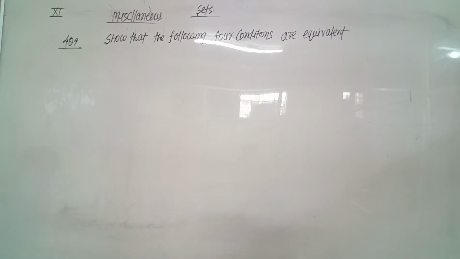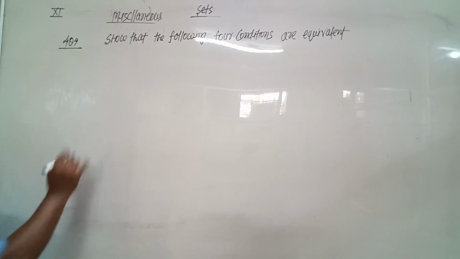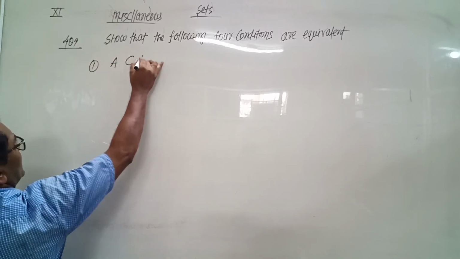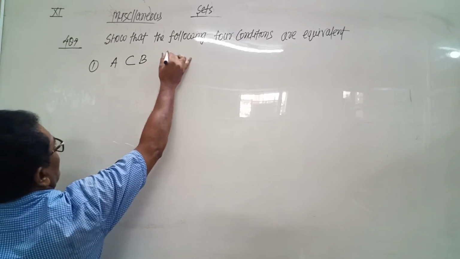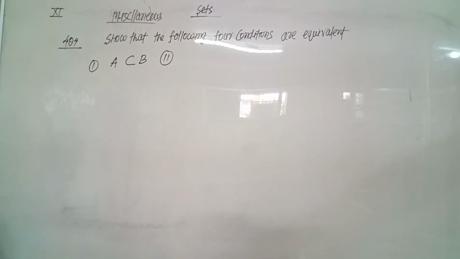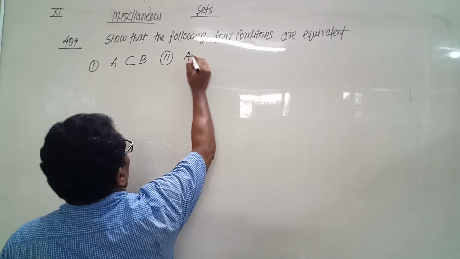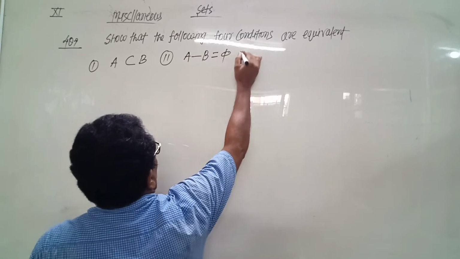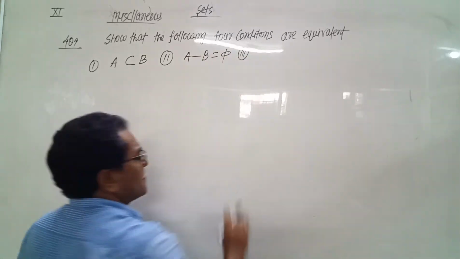The first is A is a subset of B. Second, A minus B equals to empty set.